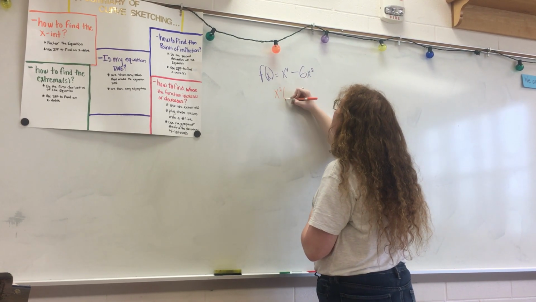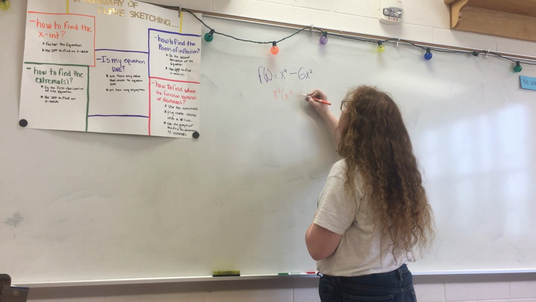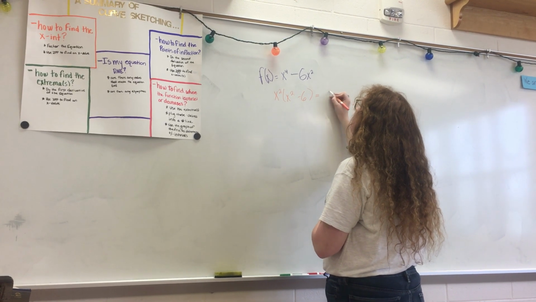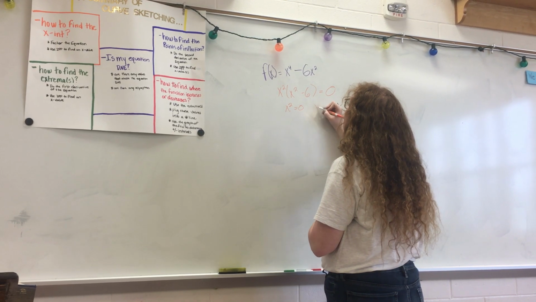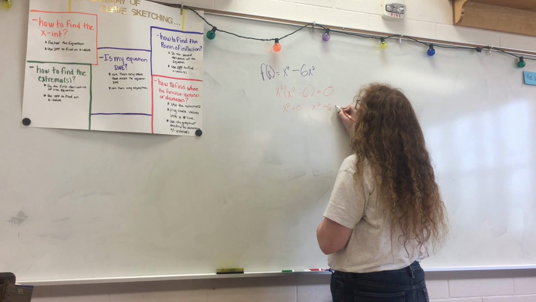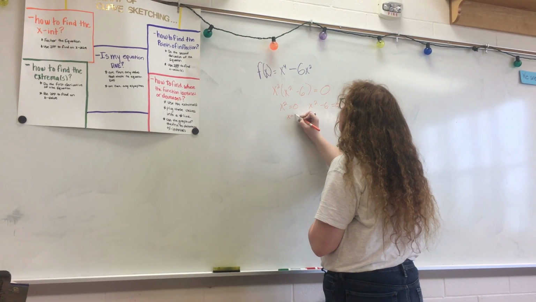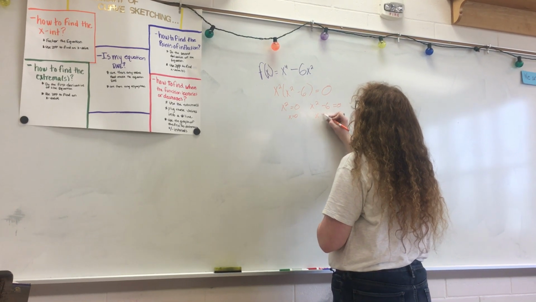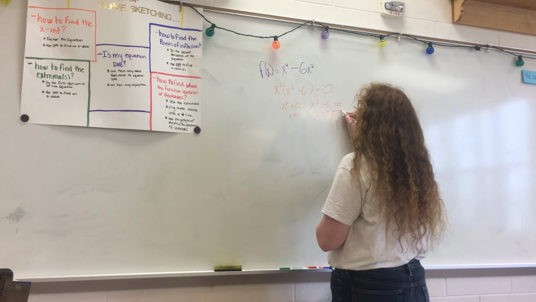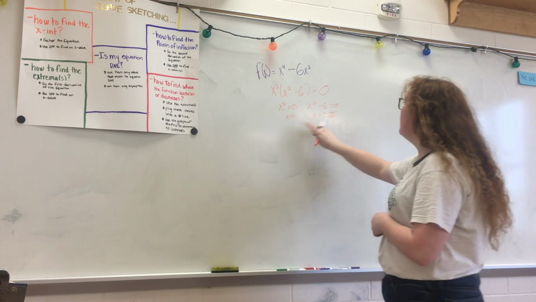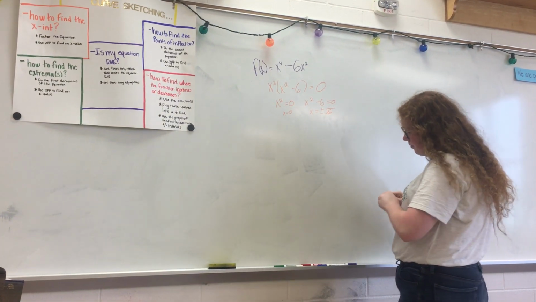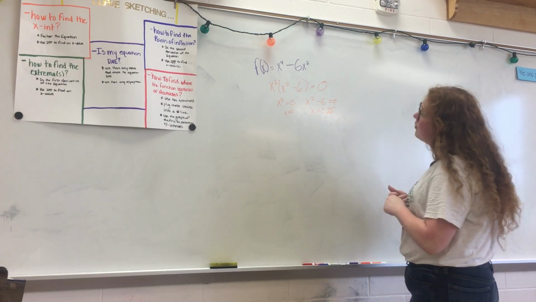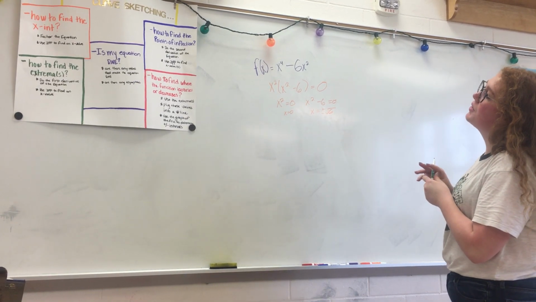Pop that x squared out in front, gives me x squared times x squared minus 6. And then use my zero product property in order to find points. Set this all up, use a little algebra, and you get 0 and plus and minus root 6. And those are our x-intercepts.